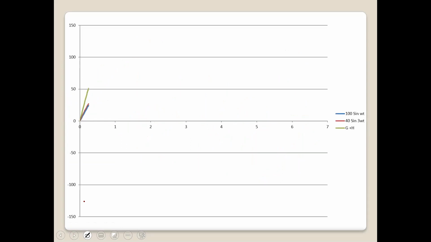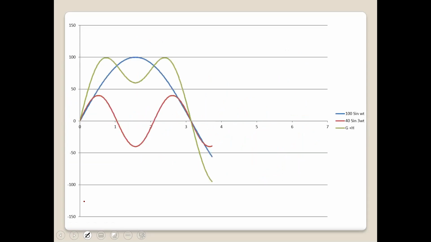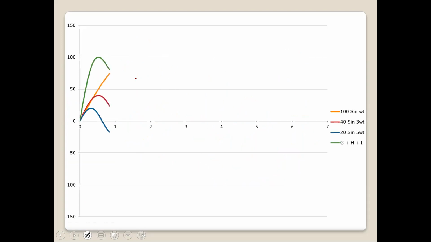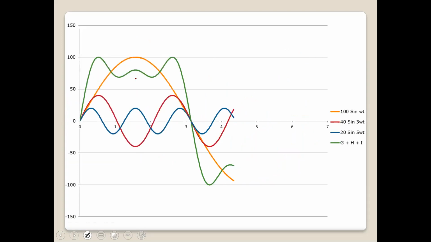All right. And so we first add the 100 sine omega t and the 40 sine 3 omega t. And the green here, the graph in green, represents the sum of the two. All right. I can then add the third waveform, which would be the 5 omega t.